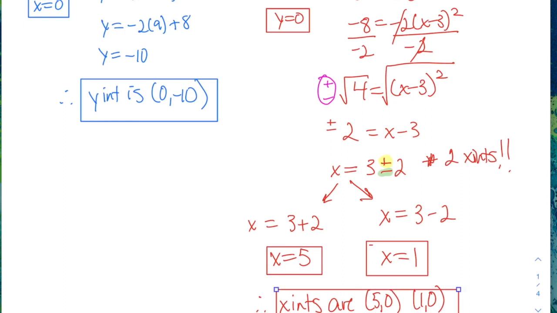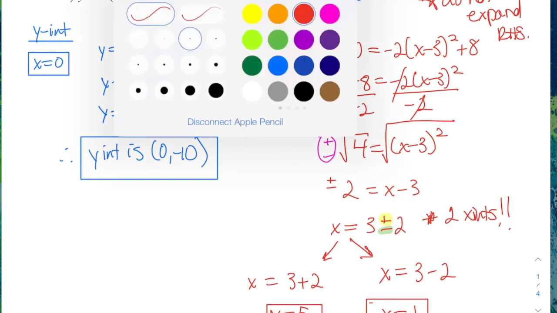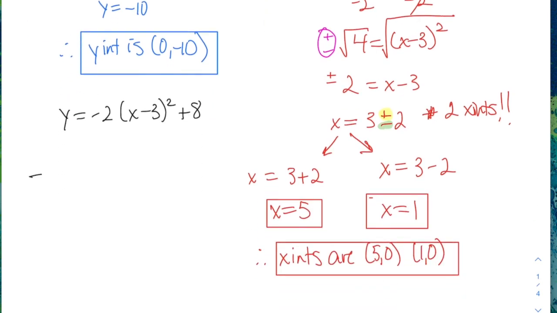And if I were to go back and look at the graph that's given, I could actually graph this to see if these two things jive.